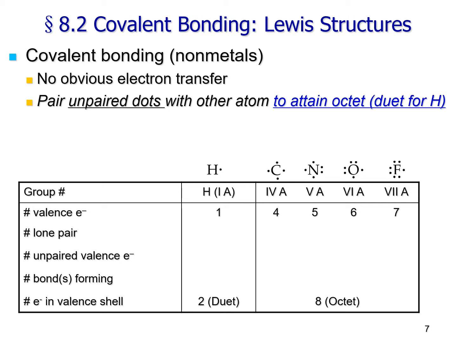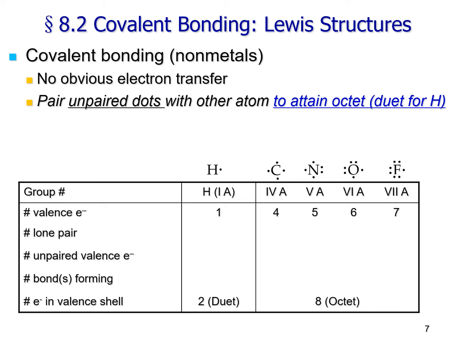Remember, hydrogen is going to be a duet. The rest of the elements, the p block elements, right? All the non-metal elements except for hydrogen can be located in the p block in our periodic table. So I would call them the p block non-metal elements. They're going to have an octet.